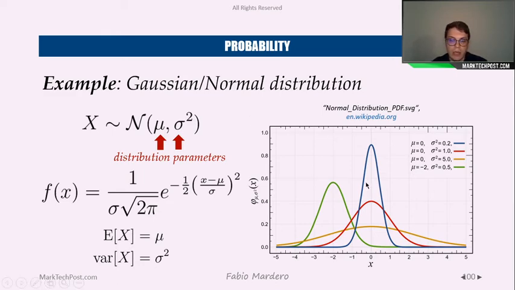As you can see on the right side, we can change mu, and what we change is the peak, the mean value, since the Gaussian distribution is symmetric with respect to the axis passing through mu. And the variance determines the spread of the distribution. For example, the yellow line here represents a distribution with a greater variance than the blue line. As you see, the peak is high and the distribution is not very dispersed around the mean, which is the peak here, the 0.